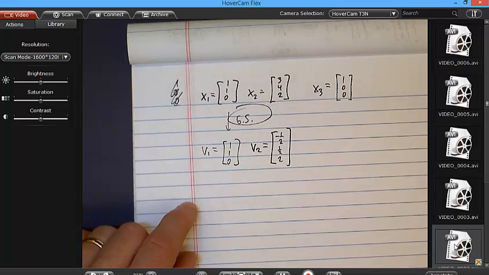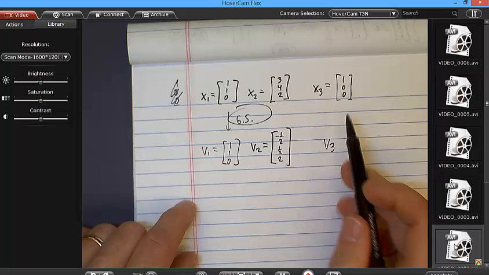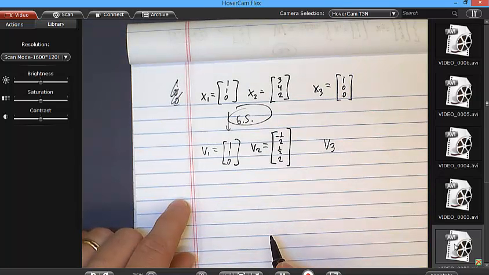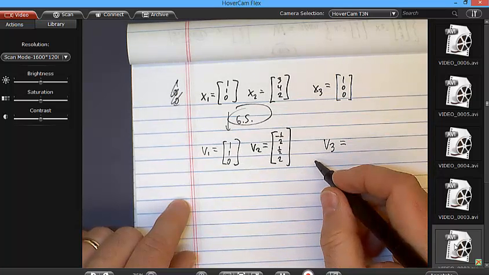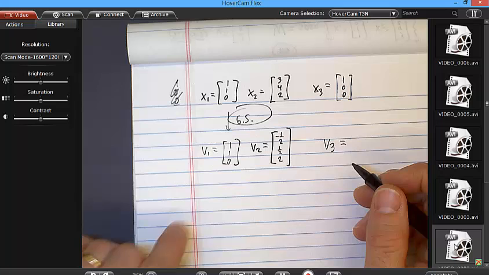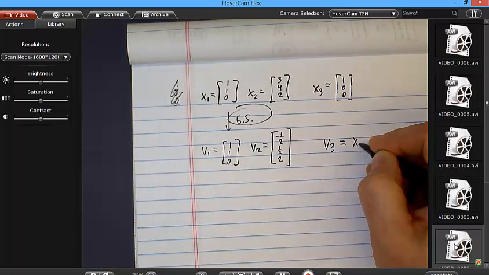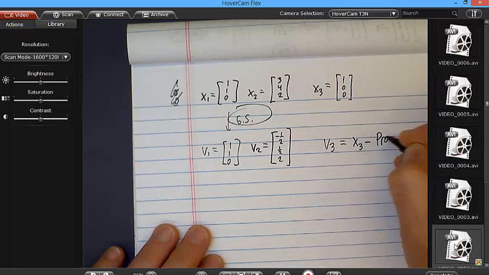And then I need V3. So I need to get this orthogonal to these two. So how does that work? Well, Gram-Schmidt says that V3 will be X3 minus the projection of X3 onto W, right?